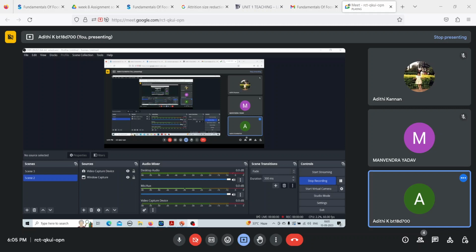So since it's a cylindrical shaped food, you are calculating the surface area of the cylinder with the help of the formula, and you get the answer as 401.92 millimeter square. So now you know that the sphere that you are looking at also has the same surface area, which means that surface area of the equivalent sphere is equal to surface area of the particle. And surface area of the equivalent sphere can be given by the formula pi d square.